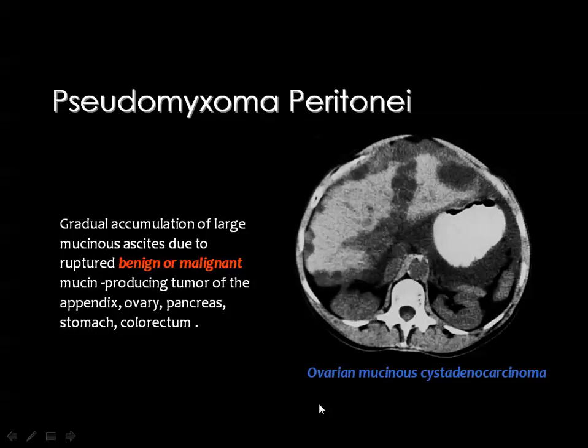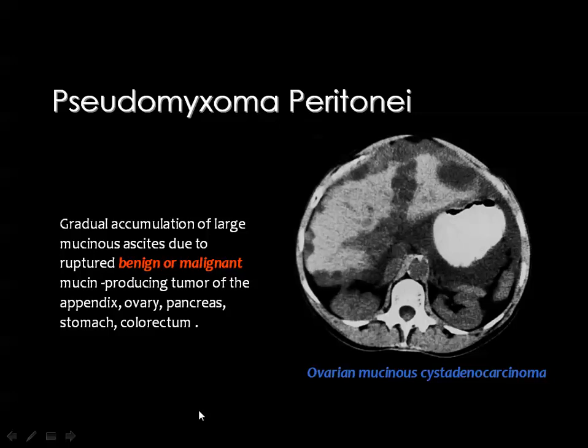Finally, we came to the issue of pseudomyxoma peritonei, which means that there is accumulation of a large amount of mucinous ascites due to rupture of a benign, I repeat this, benign or malignant mucin-producing tumor like that of the appendix, the ovary, pancreas, stomach, or the colon.